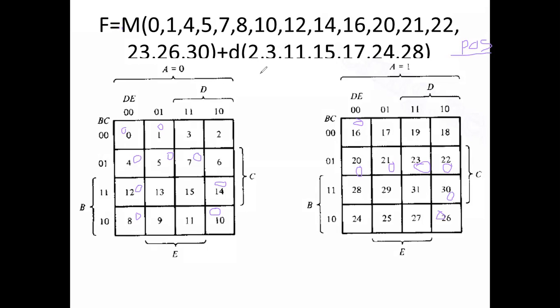So put the don't cares also in the corresponding cells: 2, 3, 11, 15, 17, 24, 28. So completed. We have placed all the zeros and don't cares.